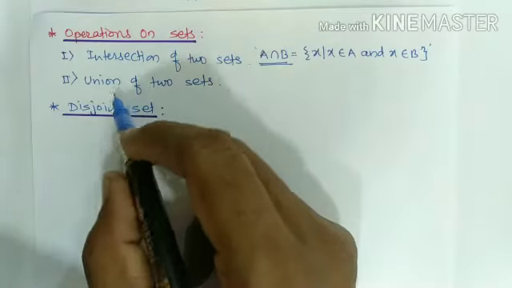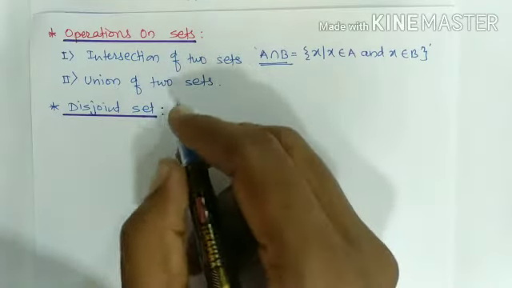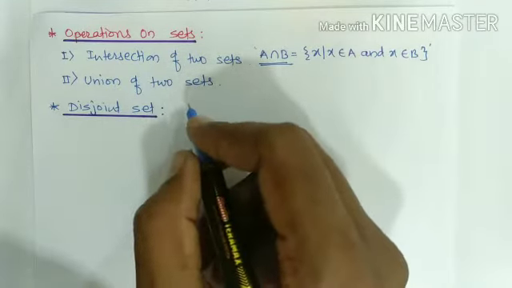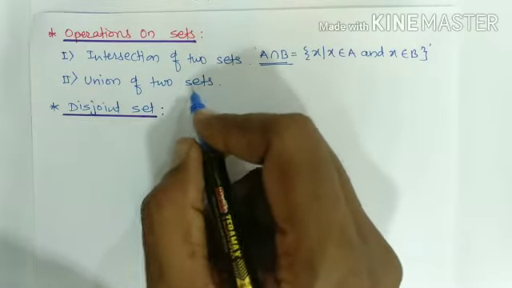Then we studied the union of two sets. Union of two sets means the set of all elements in the given two sets.